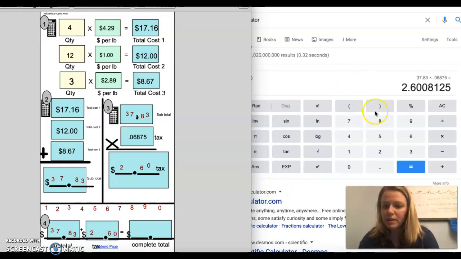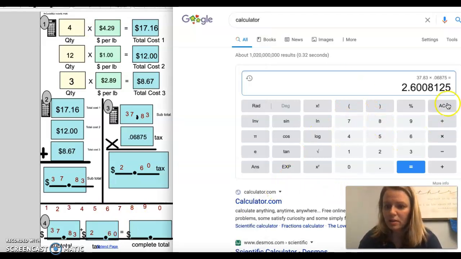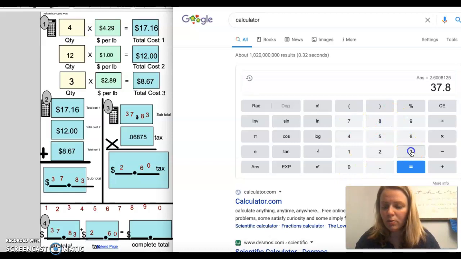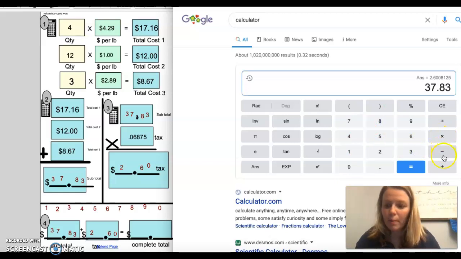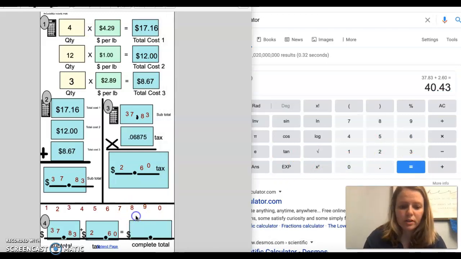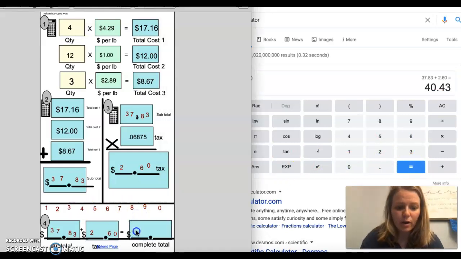So we're going to add those together. Okay, so head to your calculator. $37.83 plus $2.60 equals $40.43, which is our complete total for this meat purchase.